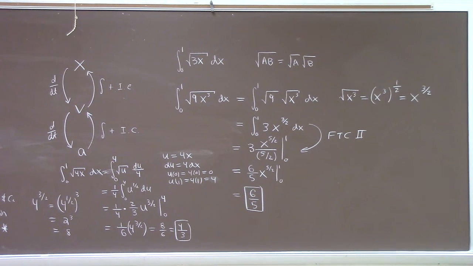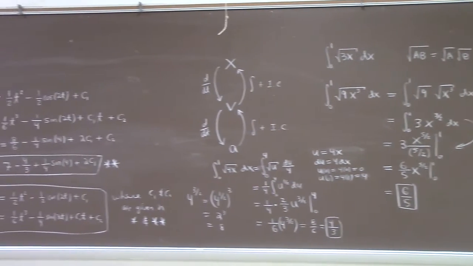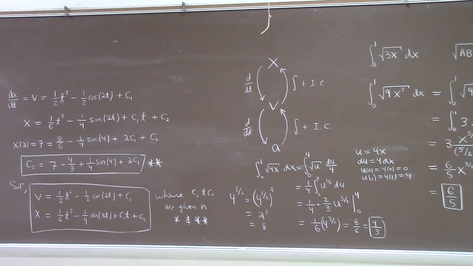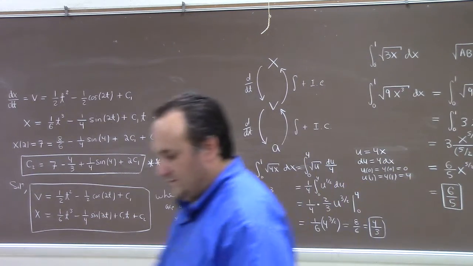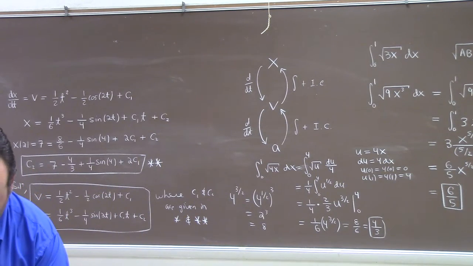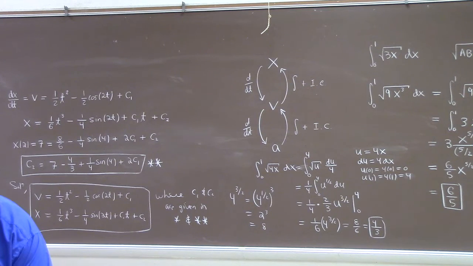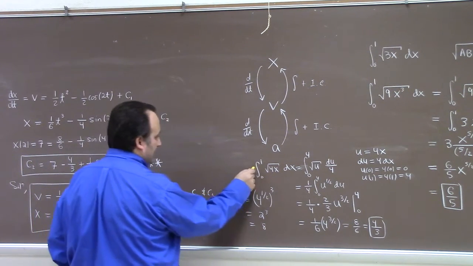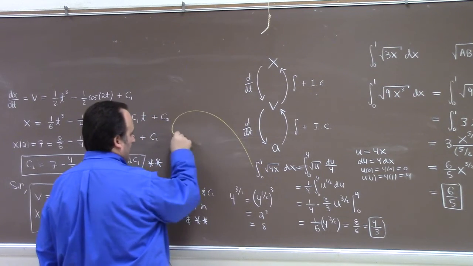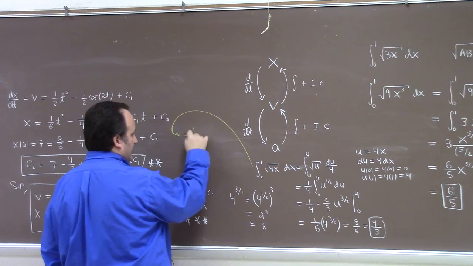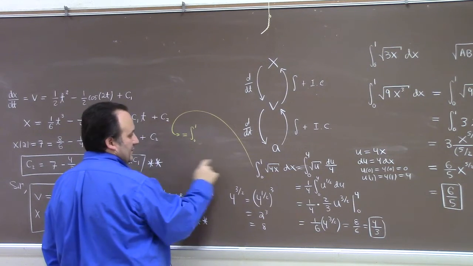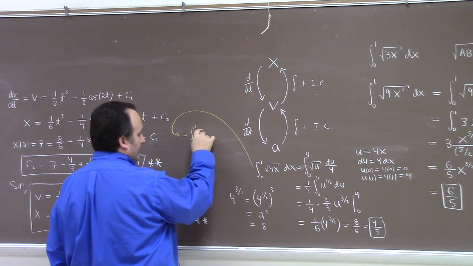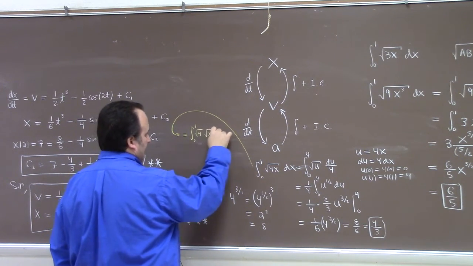So I know once we have a hammer, everything starts to look like a nail, right? But sometimes a return to simpler ways is the right move. And I think this is an example of that. See, because if I just go up here and do it, this would be equal to the integral from 0 to 1 of square root of 4 square root of x dx, right?